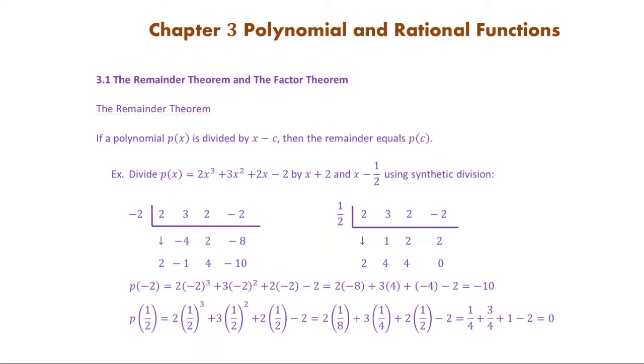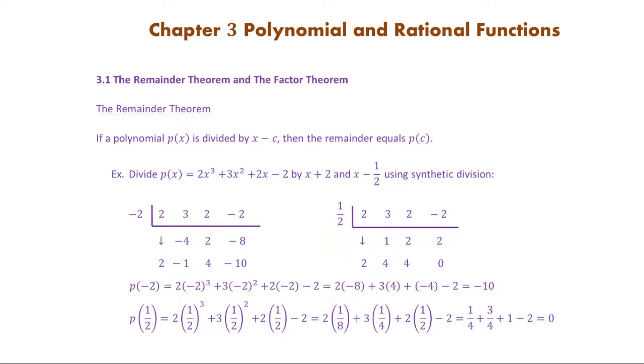So let's just do it for 1/2 in here. So the first step is to move down 2, okay? And then you multiply 2 by 1/2, you get 1. So you put that 1 under the 3, and you add 3 and 1, you get 4. So that's add down, and then you multiply 4 with 1/2, you get 2.